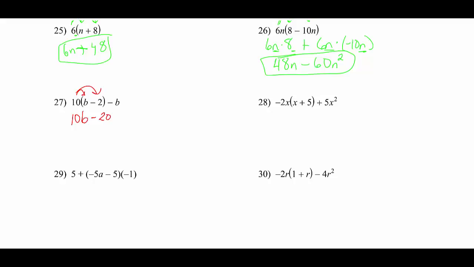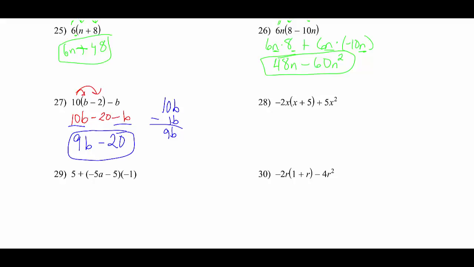So right now it's just going to stay minus b, and then we'll check for like terms. Anytime after we distribute, if there's something else around, there's probably like terms that we can add. In this case, it's 10b and negative b. 10b minus 1b is 9b. So this is 9b minus 20.